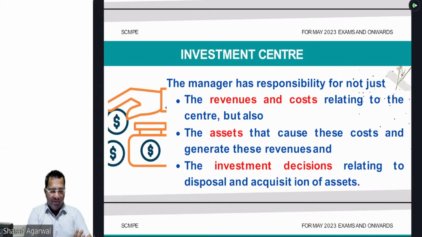If a department is considered as an investment center, the department is responsible for the following three transactions.